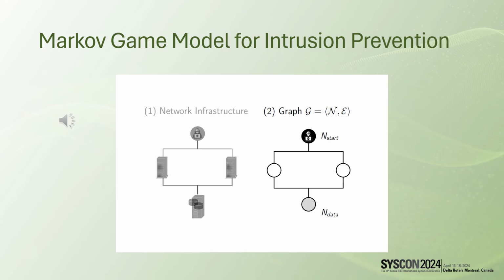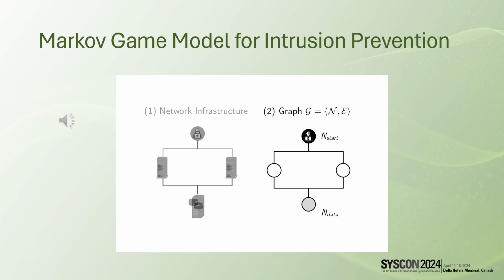Simulating attacker and defender strategies: this graph can be used to simulate interactions between an attacker trying to infiltrate the network and the defenders' efforts to prevent it. Each node and edge can be associated with probabilities that represent the likelihood of the attacker moving from one node to another, and of performing defense strategies.